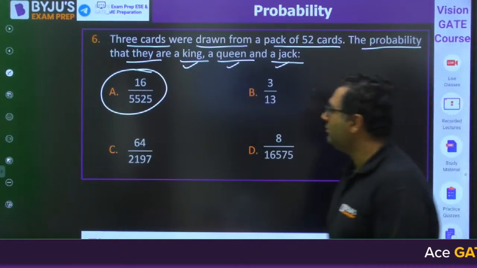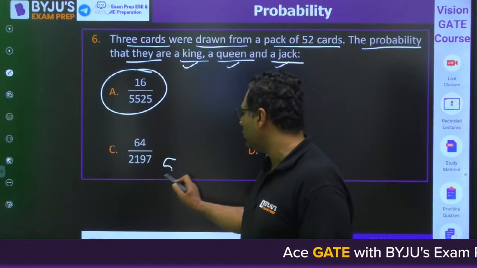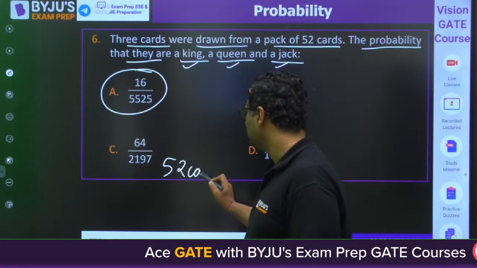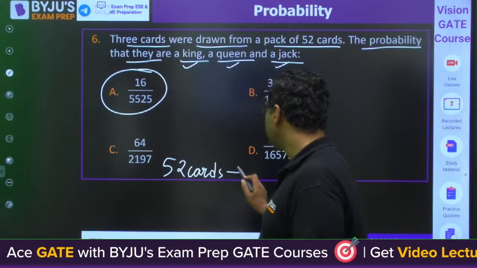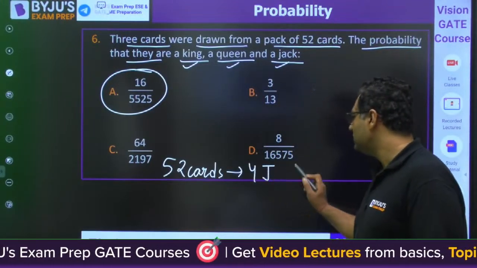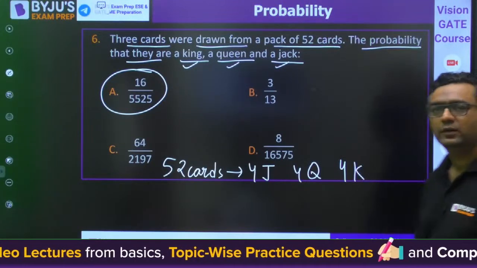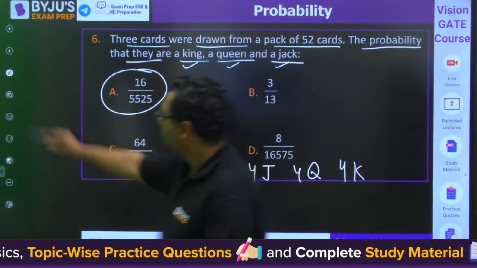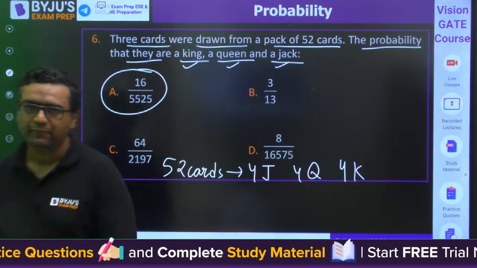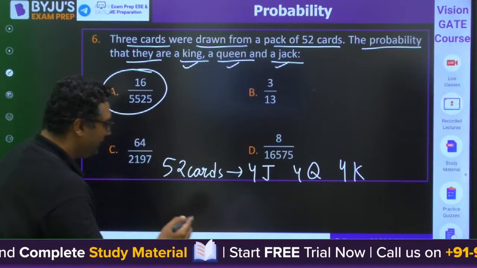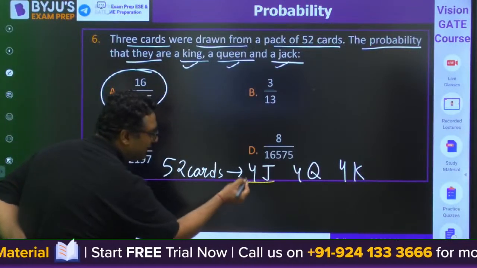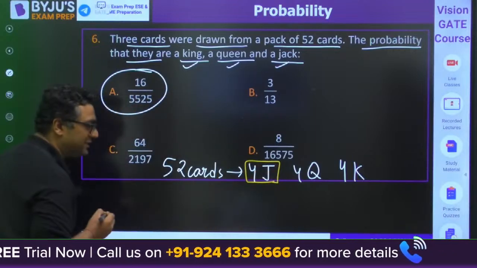So my dear, let us say we are having total 52 cards, in which 4 jacks, 4 queens, 4 kings are there. When we are finding out probability, let us take that first we are getting one card from the jack.